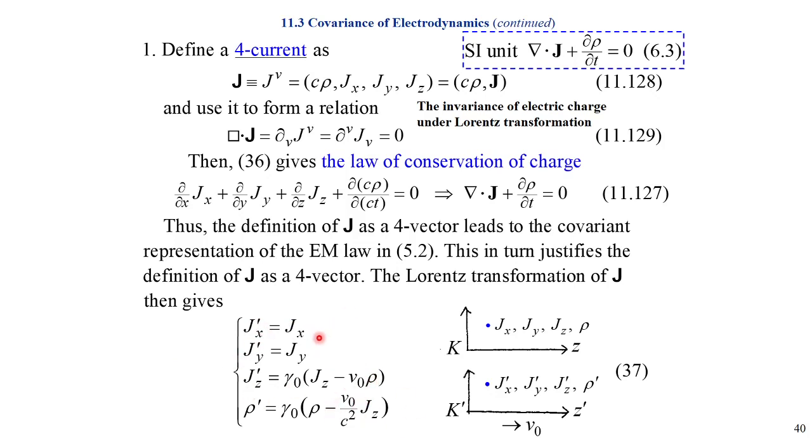This time it moves in the Z direction, therefore just the Z component and rho change: X, Y, Z and rho, JX, JY, JZ and rho. If this is X, then we just change to here. But Jackson just uses these notations, so we just use Jackson's notations.